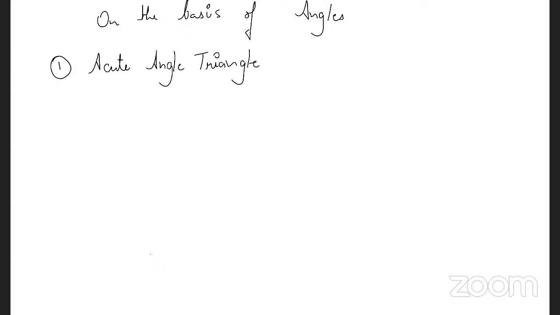Okay, now what happens in an acute angle triangle? All angles are acute angles. Yes, very good. All angles are acute angles in this triangle. What is an acute angle? More than 0 but less than 90. Very good.